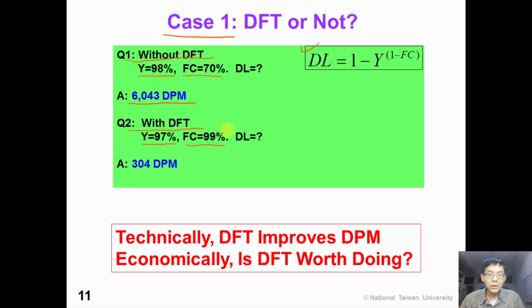However, the fault coverage is significantly improved to 99%. So the defect level is significantly reduced to 300 dpm. We already know that DFT is technically very effective. However, is DFT worth doing economically? We will need some calculation.